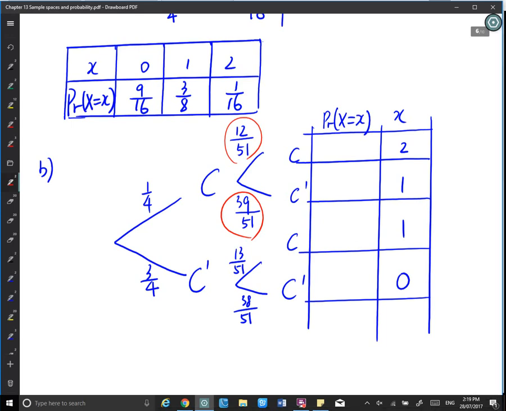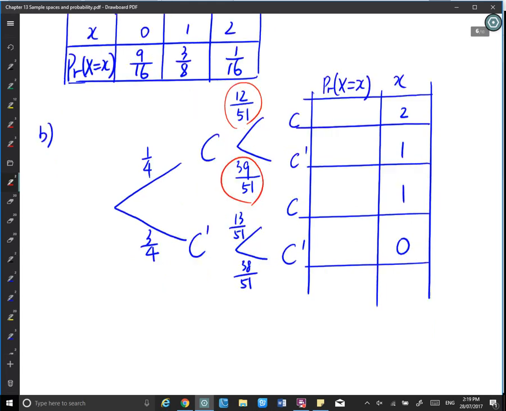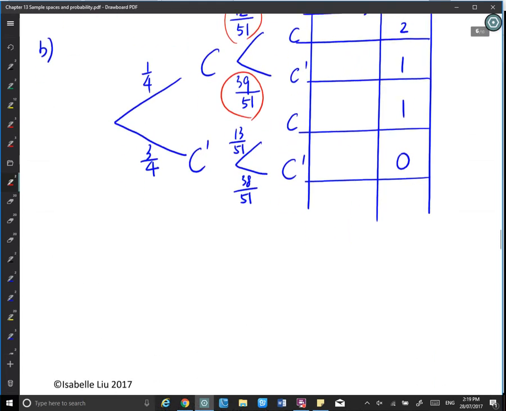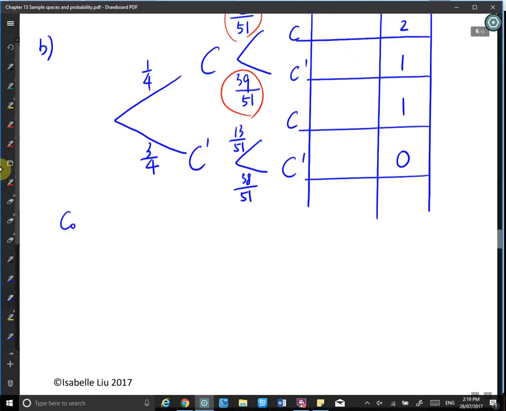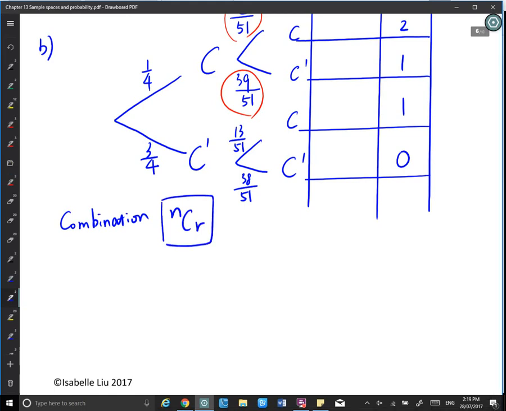Okay, the important point I want to make here is I can use combinations to do this. The nCr method to do this question. Okay, I don't have enough time today. I'm going to finish this up in the first 5 minutes of the next lesson, but I want you to think about the nCr method.